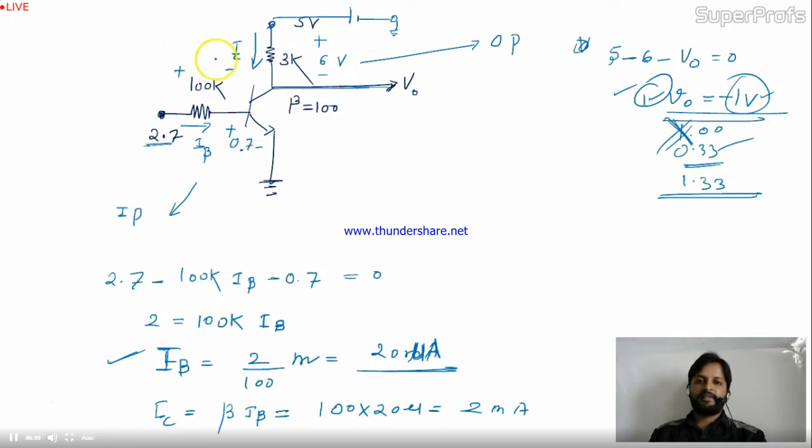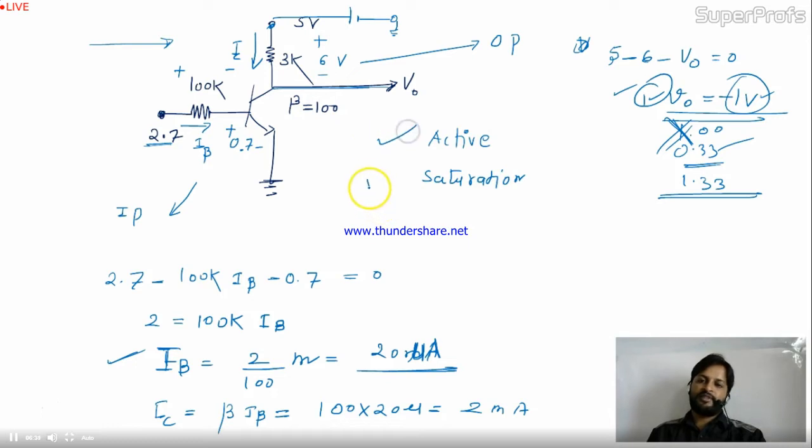Why? Because for any circuit in the examination, please note it down. If any circuit is given in the exam, first check in which region the transistor is working, whether it's active or saturation.